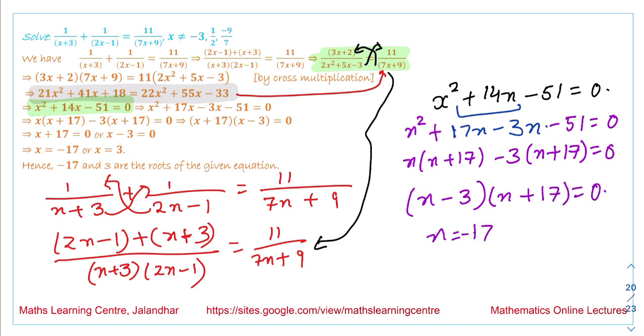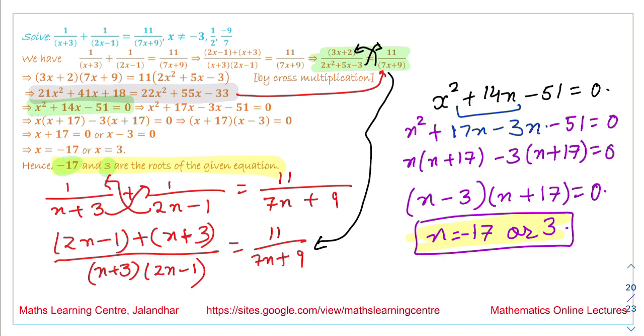So we get x is equal to minus 17 or x is equal to 3. These are the two roots: minus 17 and 3 are the two roots of the given equation.